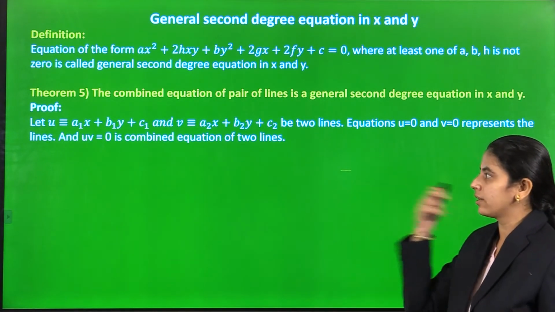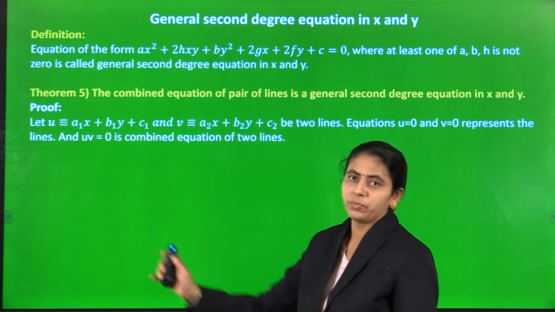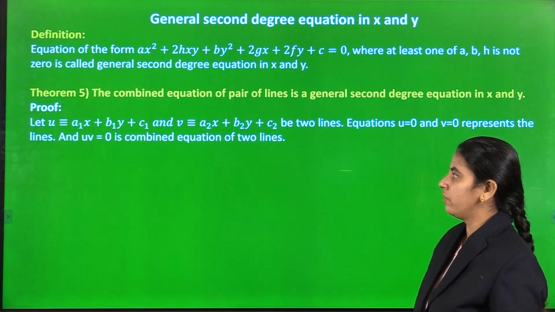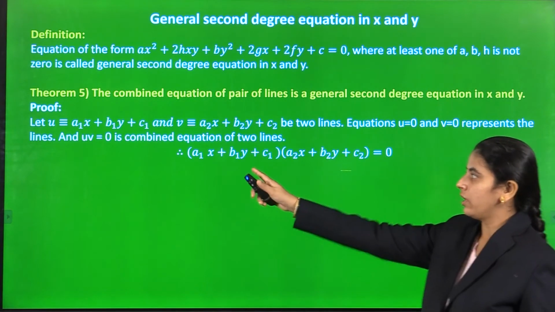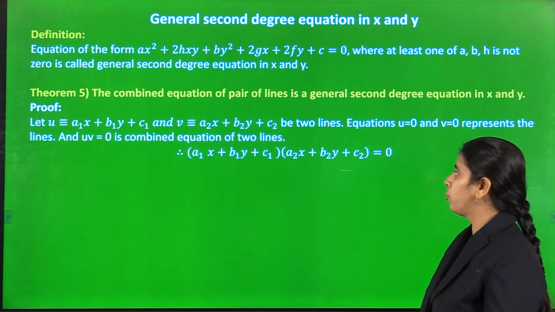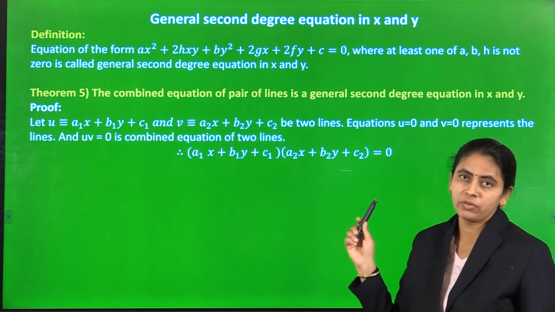Now we will consider the equation uv equal to 0. For that we multiply u and v, so we get a1x plus b1y plus c1 into a2x plus b2y plus c2 is equal to 0.